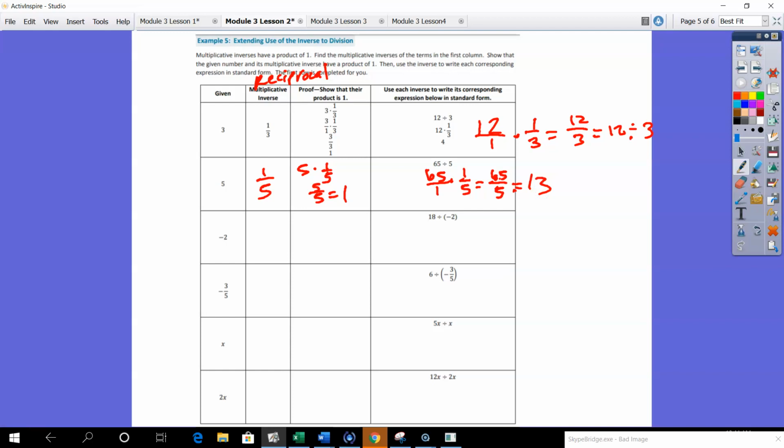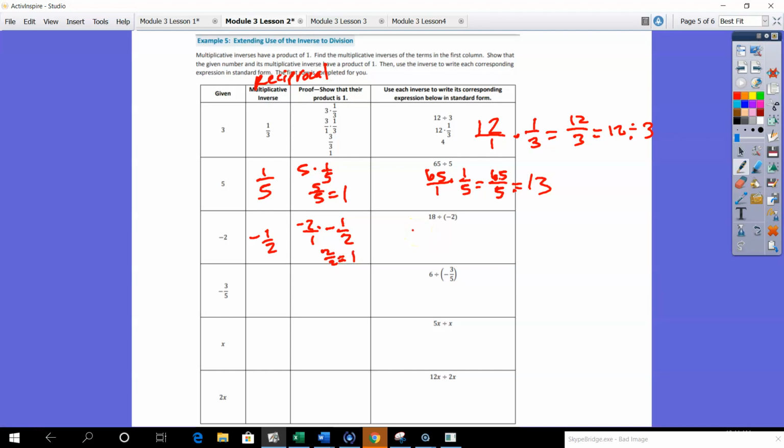Okay, so the opposite of negative 2, or the reciprocal of negative 2, is negative 1/2. So negative 2 times a negative 1/2 is, put it over 1, so negative 2 is a negative times a negative is a positive. So then 2 over 2 equals 1.